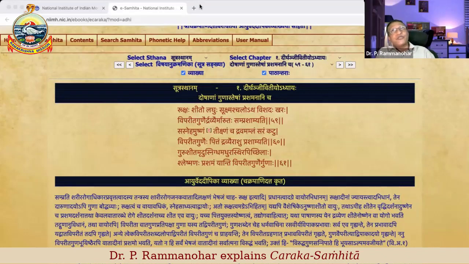So since they are opposite, they will cancel each other. That is what our acharyas are saying, just like koshta. Kapha koshta is madhyama and samadosha also madhyama, because vata is causing kruratvam and pitta is causing mridutva. So when kapha is dominant, it is neither krura nor mridu. So here it will cancel each other.